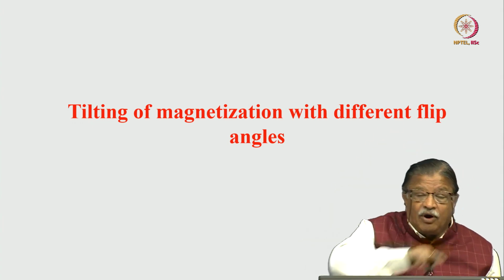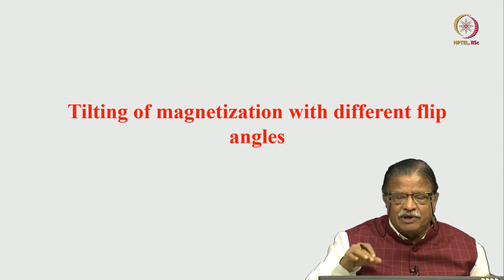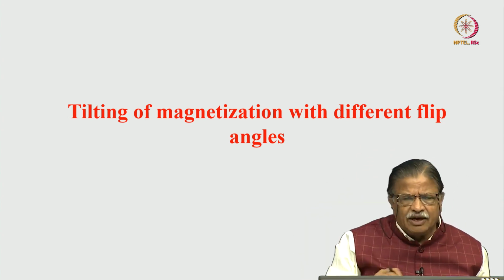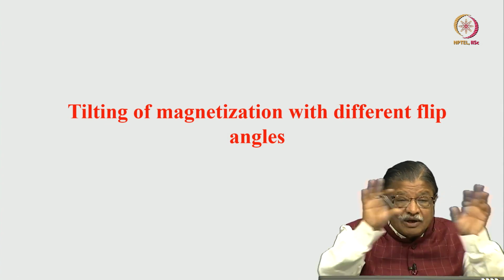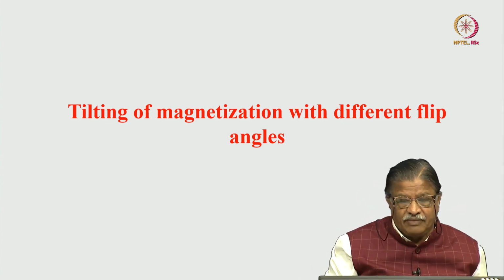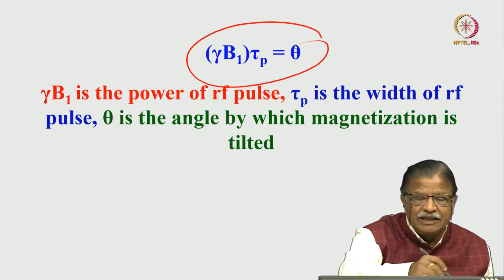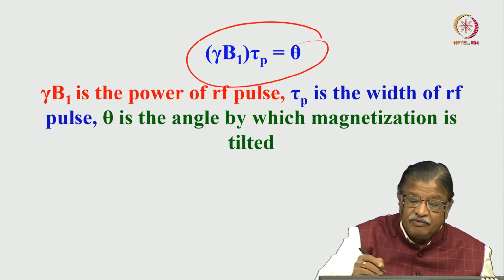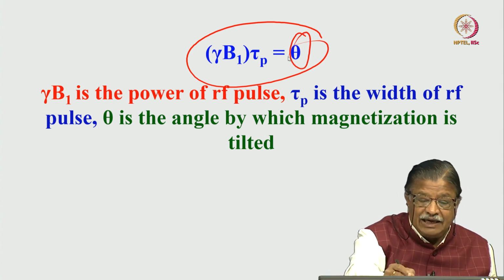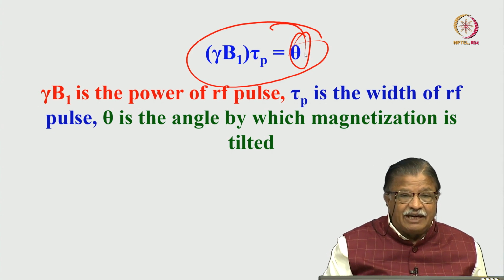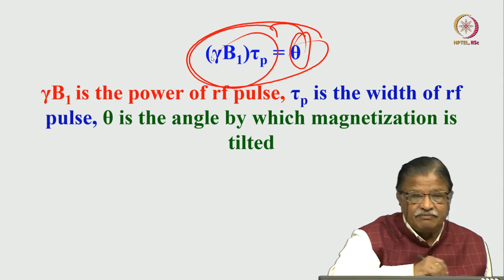I can keep on applying pulses, 90, 180, 270, 360, like that. You can make the magnetization go round and round. That is what you can do. And this is the angle theta, and how much the magnetization is tilted, by 90 degrees or 180, is defined by this equation.